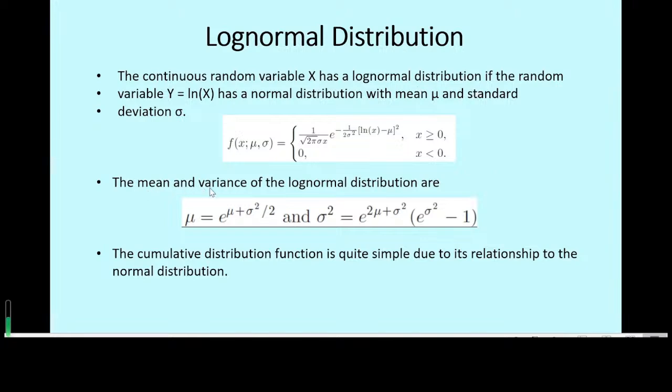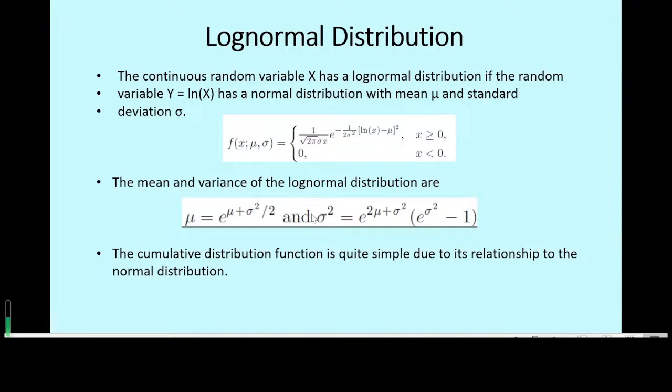And the mean and variance of the lognormal distribution have this form. This mu is the mean of the log form of x. Then we add sigma square divided by 2 and take e to the power of this part. Then this is the lognormal's mean.